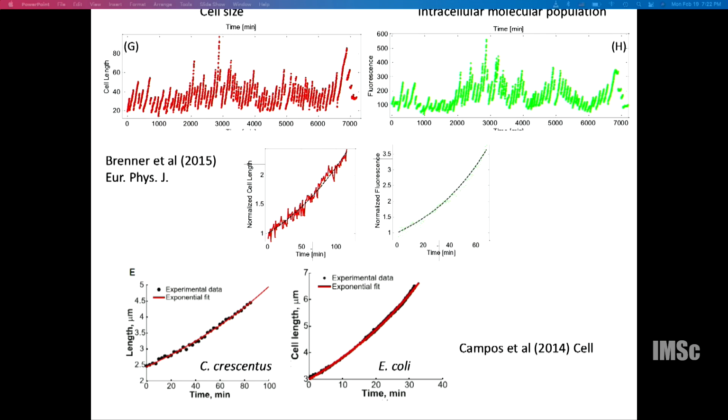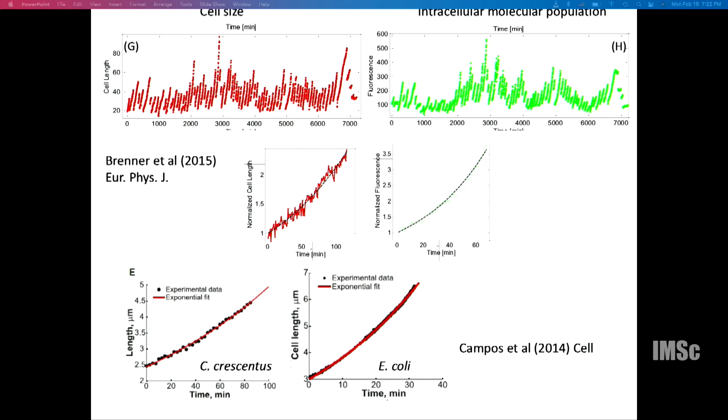And this curve is about not the size of the bacterium, but the amount of a particular protein in the bacterium. And it turns out that these are also growing. The amount of different chemicals in the bacterium are also growing exponentially as the bacterium is growing.